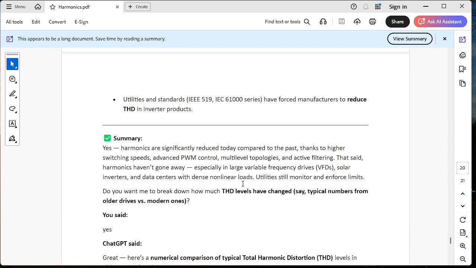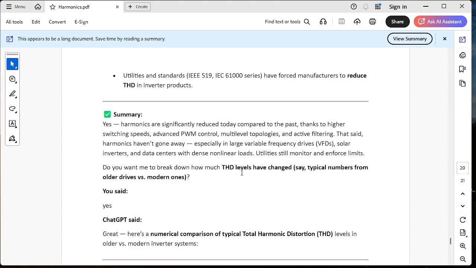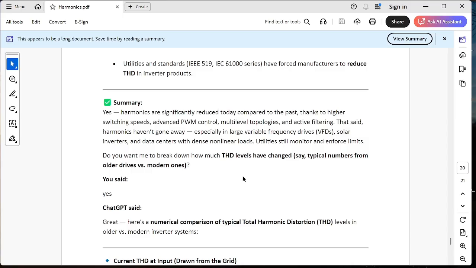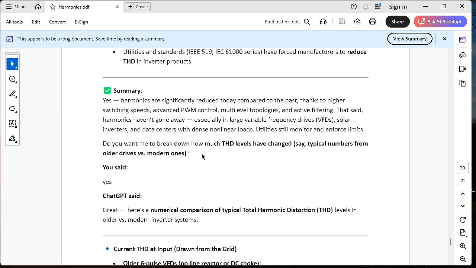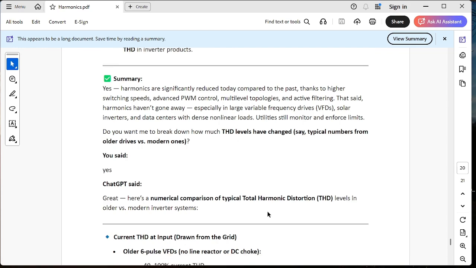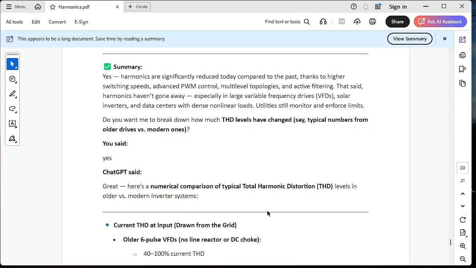Okay, so anyway, if you have an old facility and you walk into it and they've got motors there that are running very, very hot. By the way, what is THD? Total harmonic distortion, THD, total harmonic distortion levels. Okay, so if you have old equipment, you have more THD than with newer equipment.